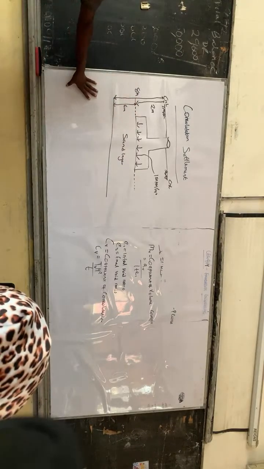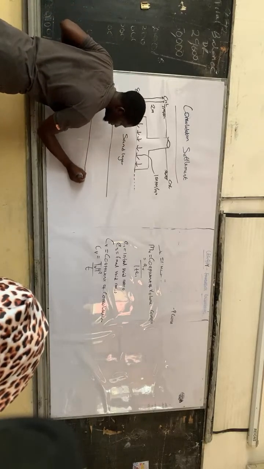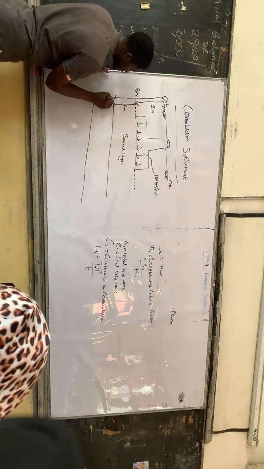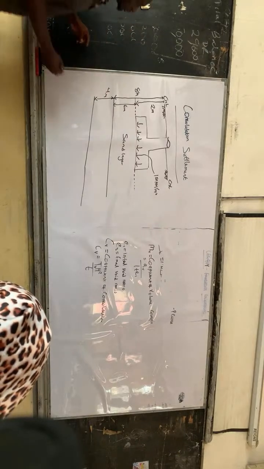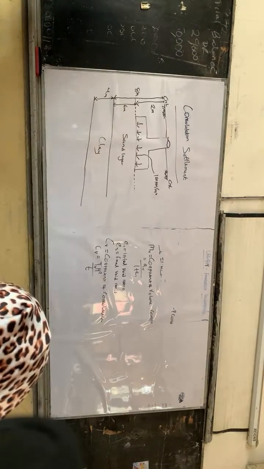Okay. Stratum of clay, 4 meters thick. So your clay layer now is 4 meters thick. So this is clay. Okay, that one we can just leave it off.